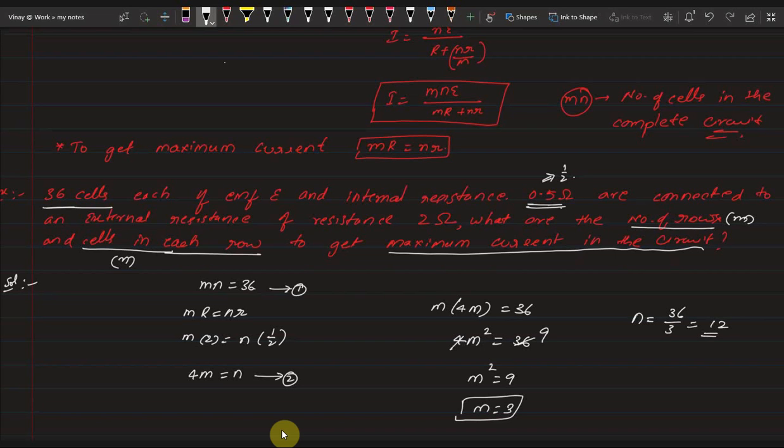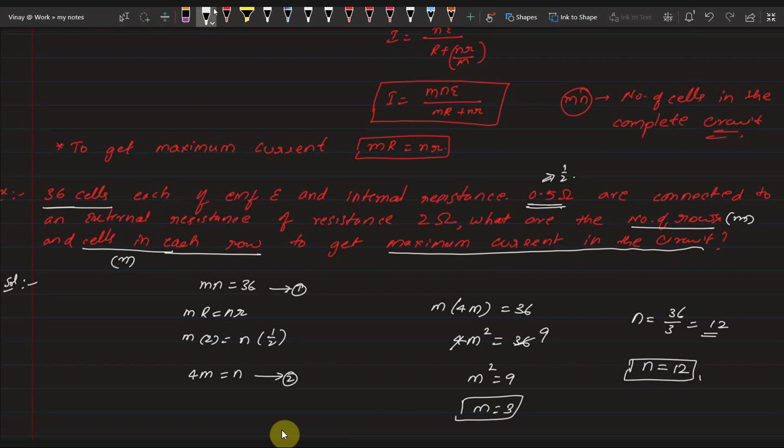So in each row we have 12 cells and we have 3 rows.